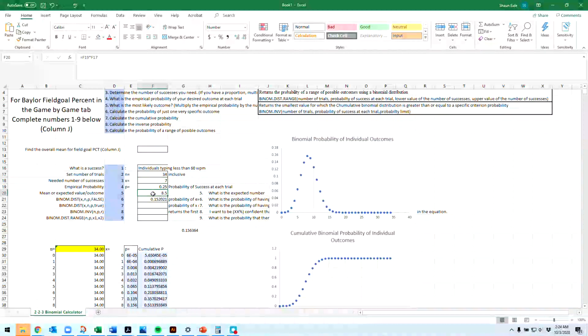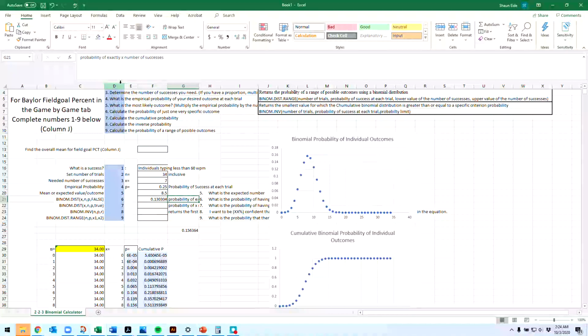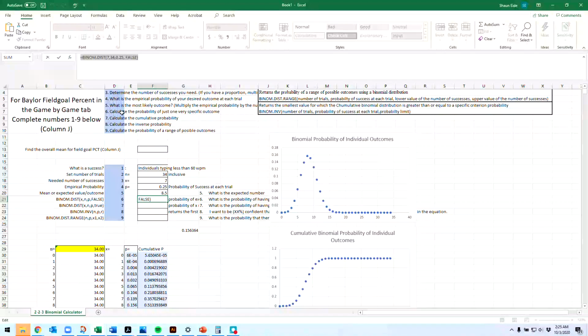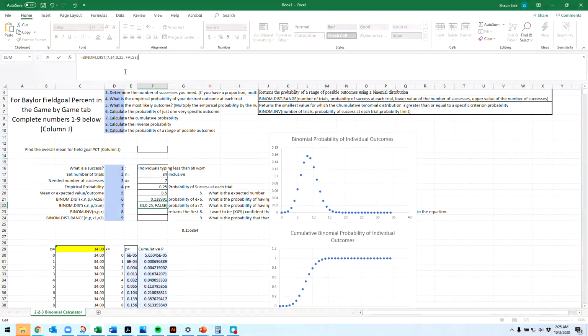So we need 7 successes out of 34, and the probability of exactly 7 successes out of 34 is going to be 0.138991.